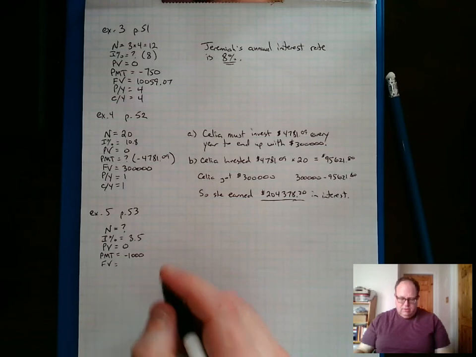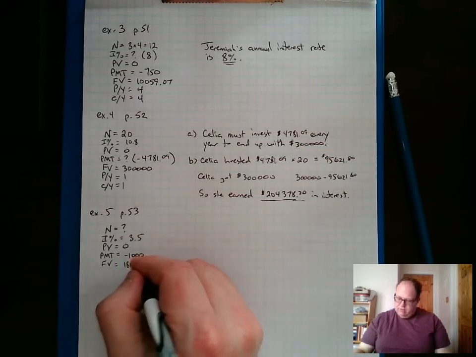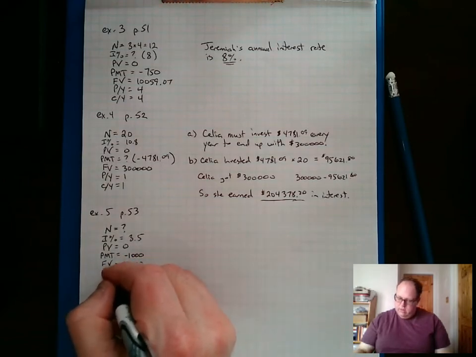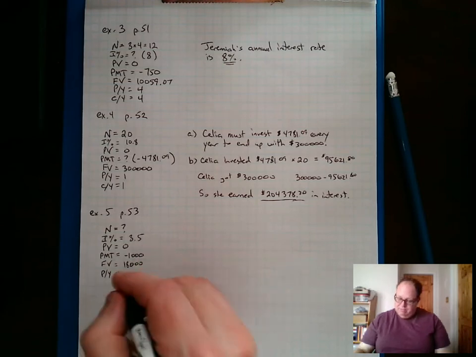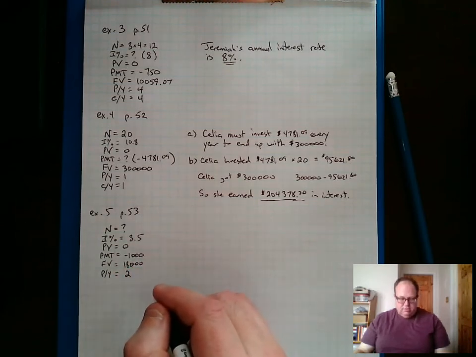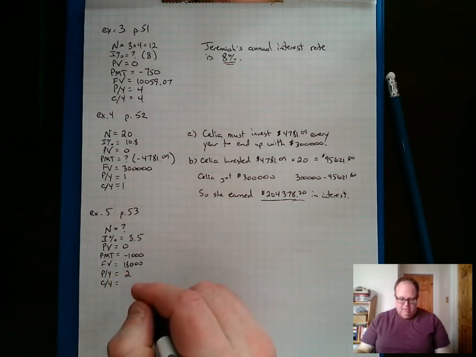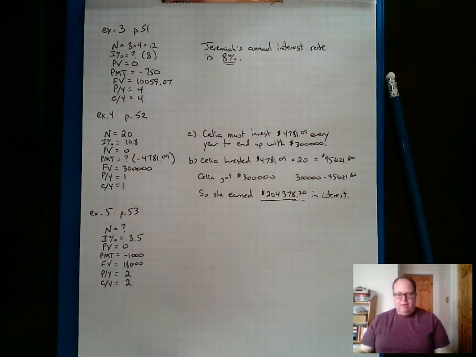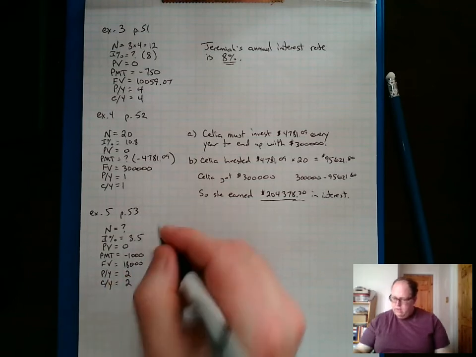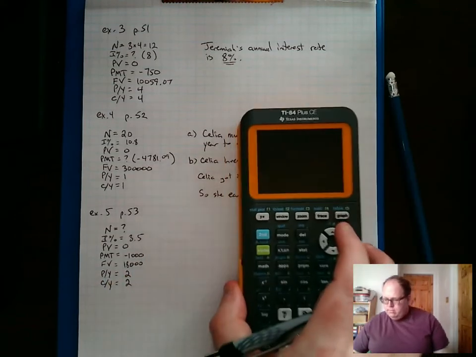We want to find out when he ends up with $18,000. Since he's making payments every 6 months, he's making 2 payments per year. And since the investment is compounded semi-annually, there are 2 compounding periods per year. So we'll solve that for N.